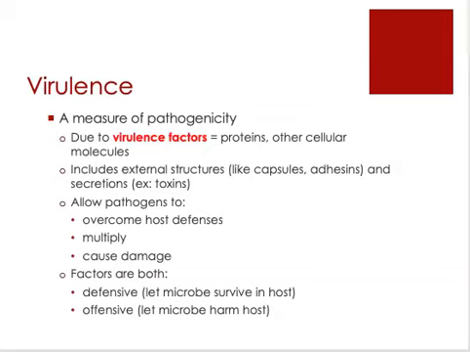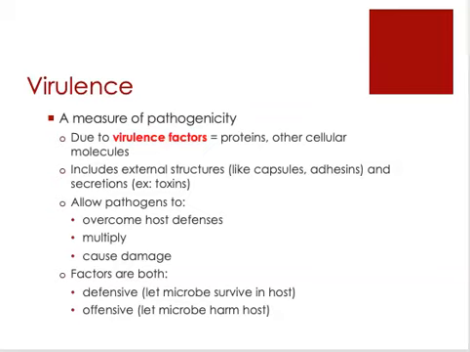There are virulence factors, in fact, that are part of external structures outside of the cell wall of a bacterial cell. Things like capsules, what are called adhesins, that contribute to the virulence of a pathogen. Some microbes can even secrete toxic molecules that make them more virulent.